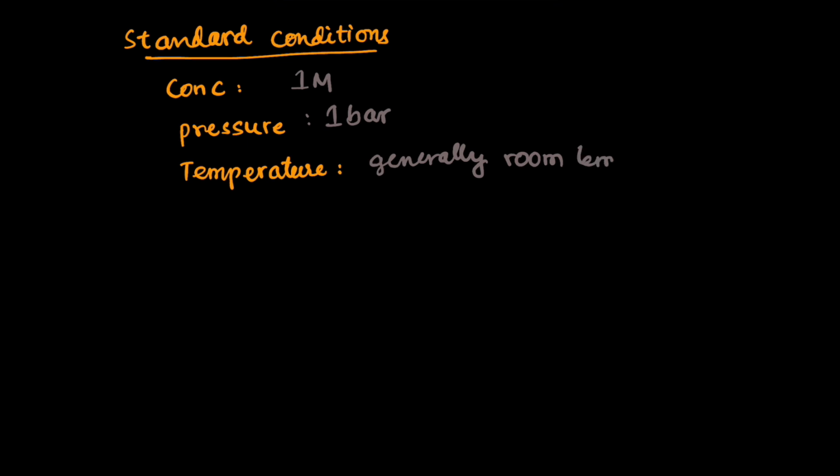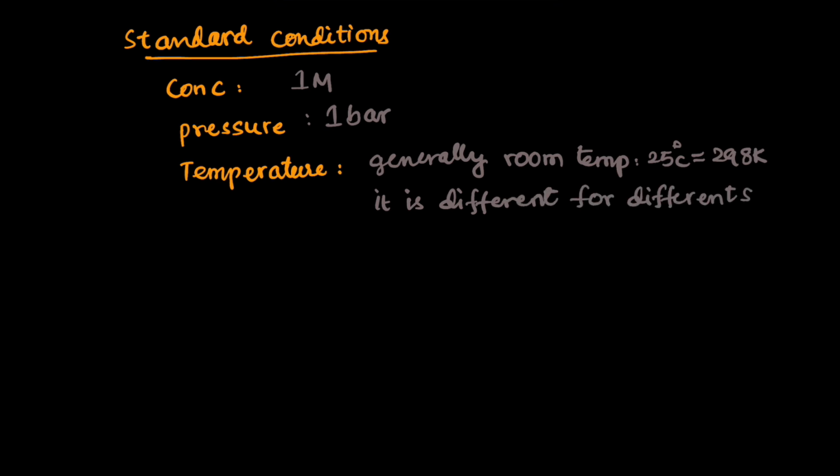Therefore, generally it is room temperature. Room temperature is 25 degrees Celsius, or in Kelvin, 298 Kelvin. So it is different for different substances. One example taken here is iron. For iron, the standard temperature is 500 Kelvin.